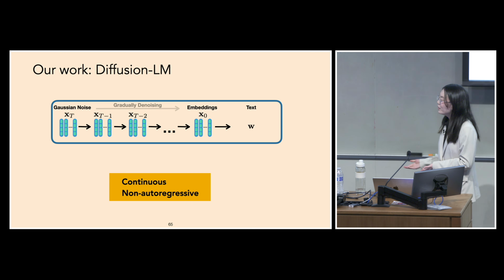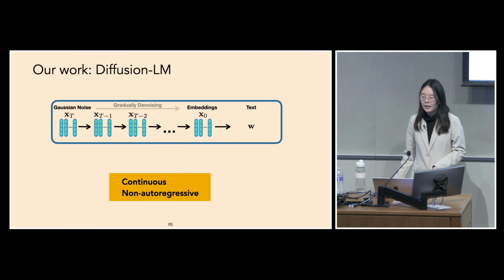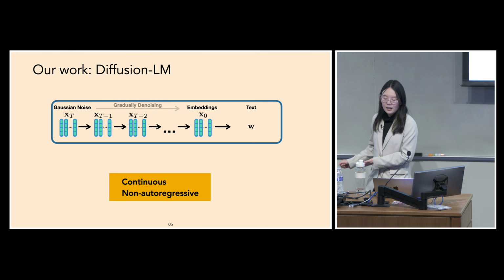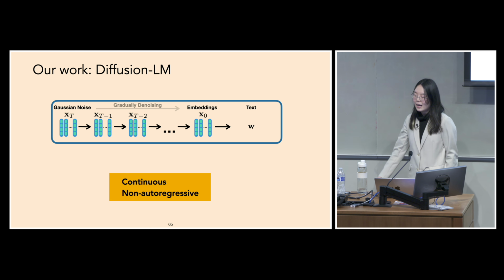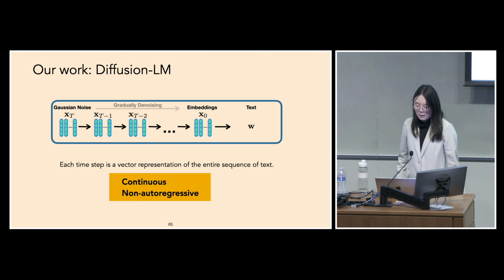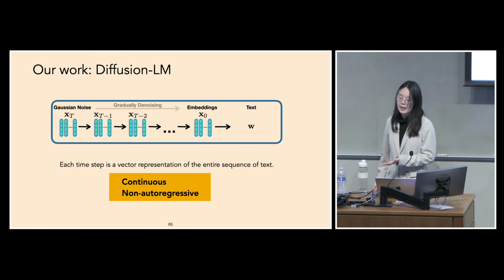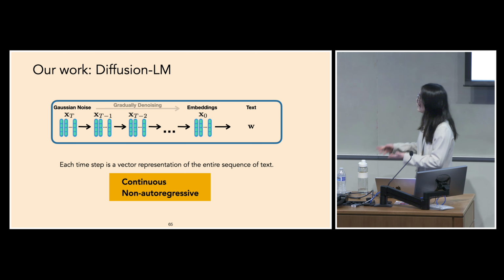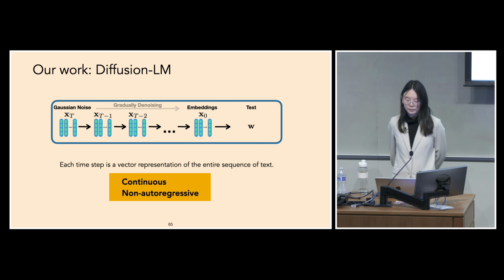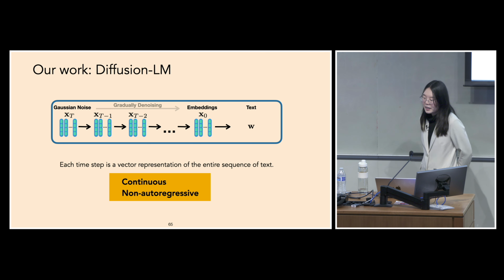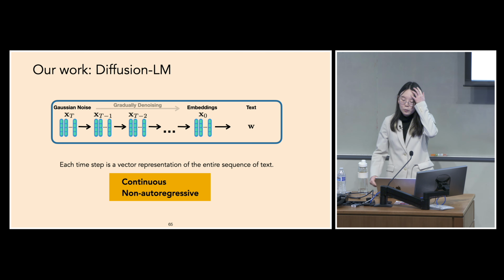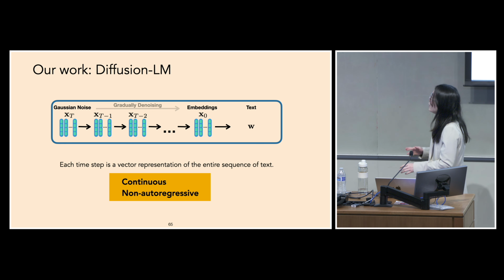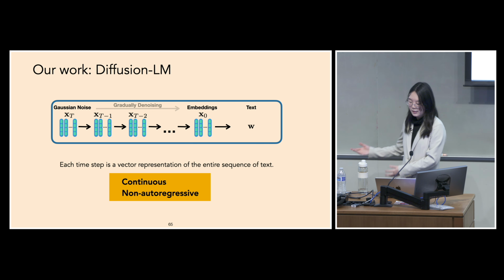So we designed a model called Diffusion-LM. It's a generative model of text that operates largely in the continuous latent space. And it is non-autoregressive, meaning that each time step is a vector representation of the entire sequence of text. So in Diffusion-LM, we start with a sequence of Gaussian noise vectors. We incrementally denoise them into vectors corresponding to words.